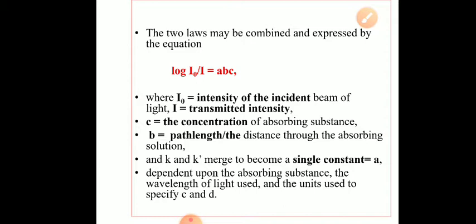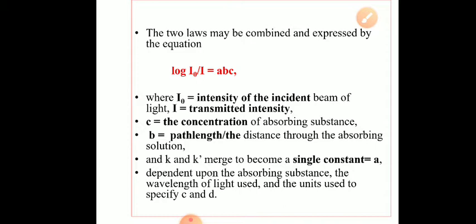So K and K dash are both absorptivity constants. We combine the two constants and write only one constant, that is a. So a, b, c. So log of I0 upon I is equal to abc. This is the expression for Lambert-Beer's law or simply Beer's law.